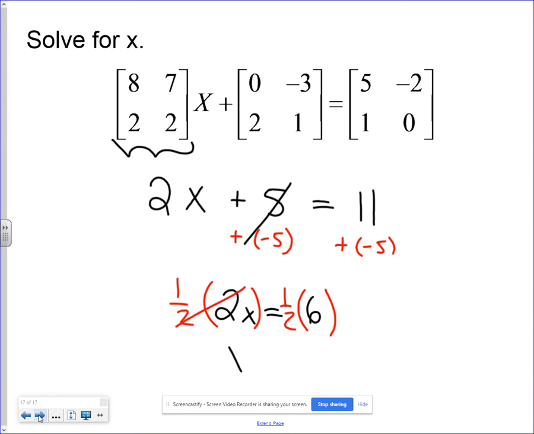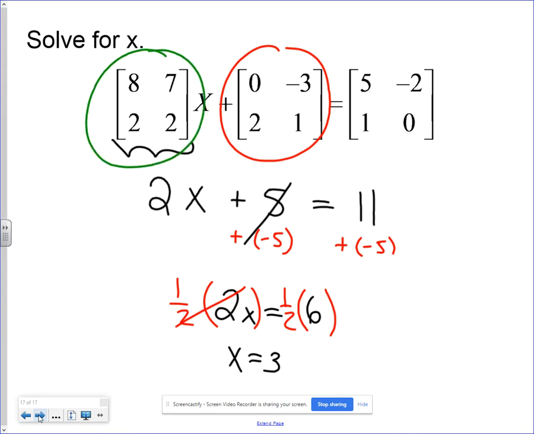We get x is equal to 3. So we're going to do a similar trick with the matrices. It took 2 steps, so we're going to do it in 2 steps. We're going to add this matrix's additive inverse, and then we're going to multiply both sides by the multiplicative inverse of this matrix.